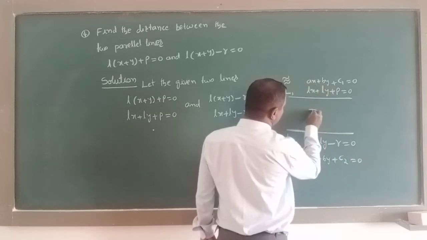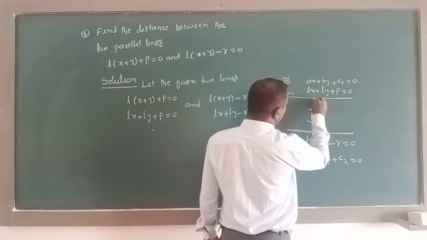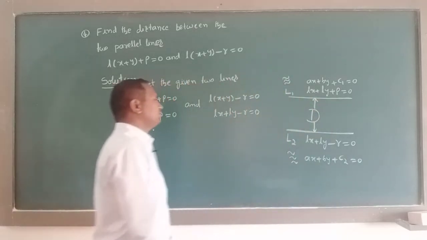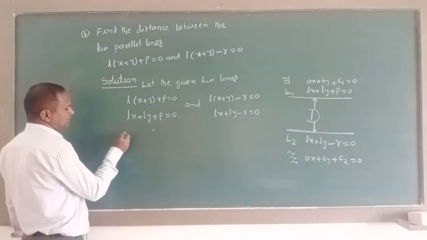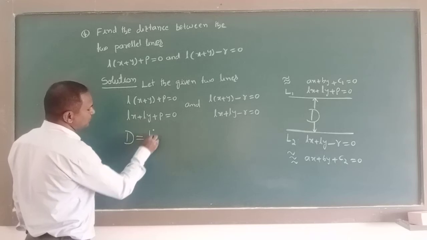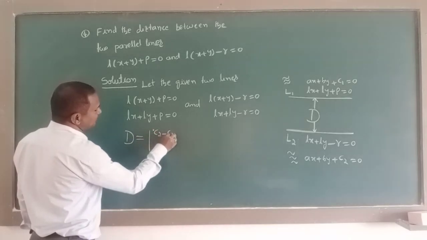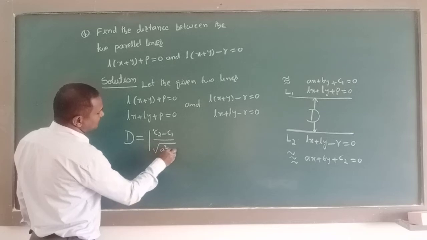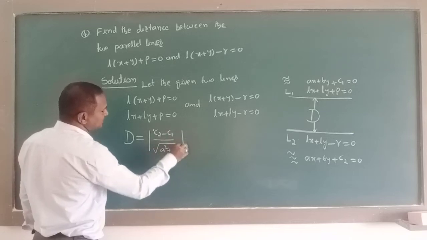Here d is the distance between the two parallel lines. D is equal to modulus of c2 minus c1 whole dividing by square root of a square plus b square. We have to apply this formula here.